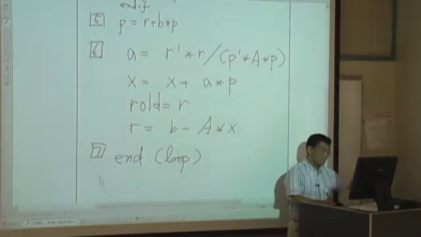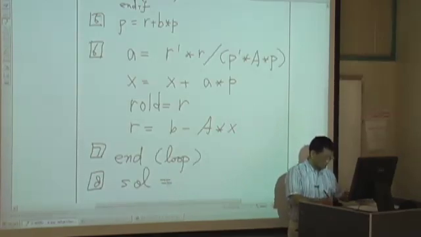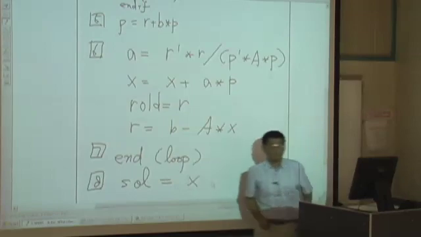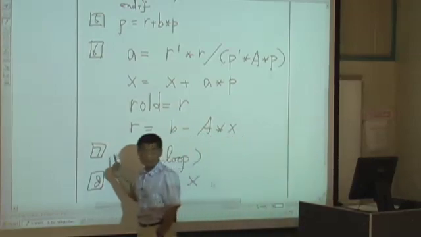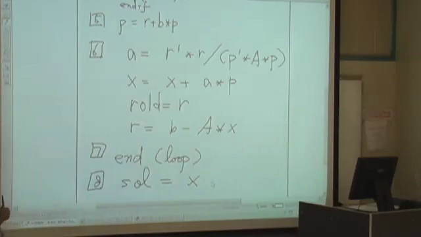Then eighth line is what? Solution equals the x that we found, right? This is it. So take a look. By doing this, you create the complete algorithm that will work. So as you can see, once you see the theory, you should know how to implement.